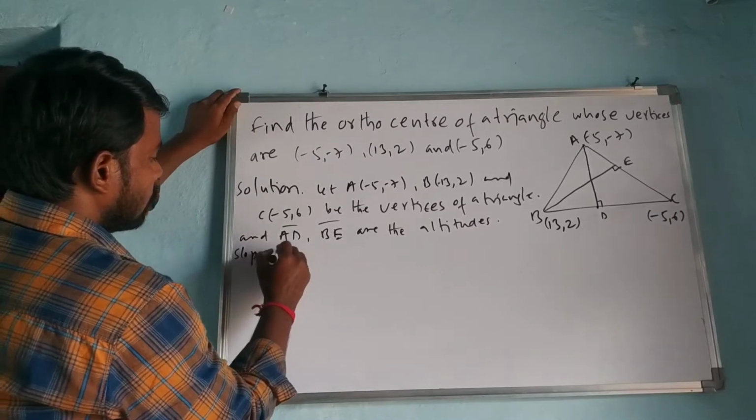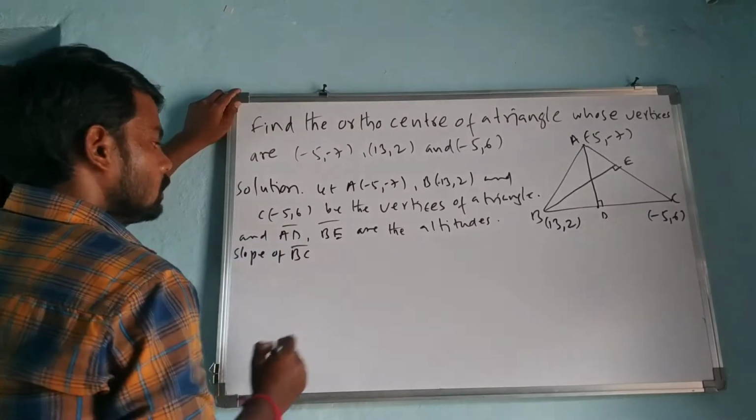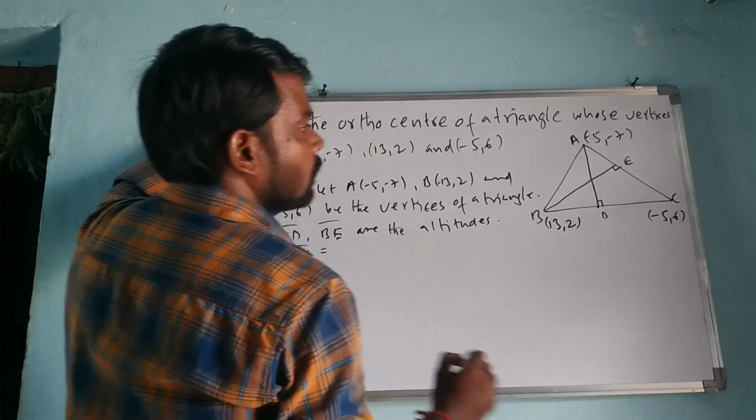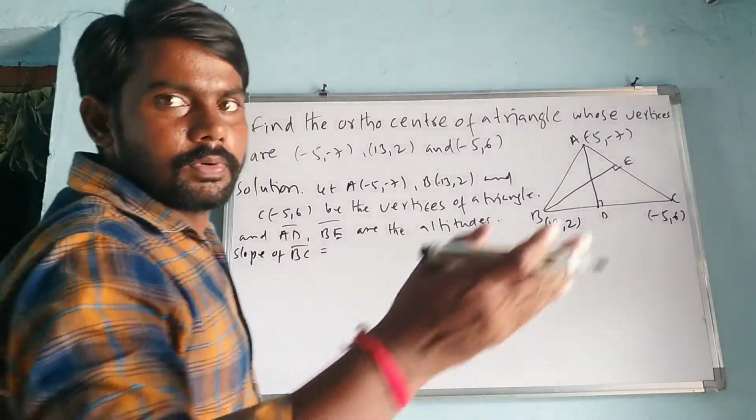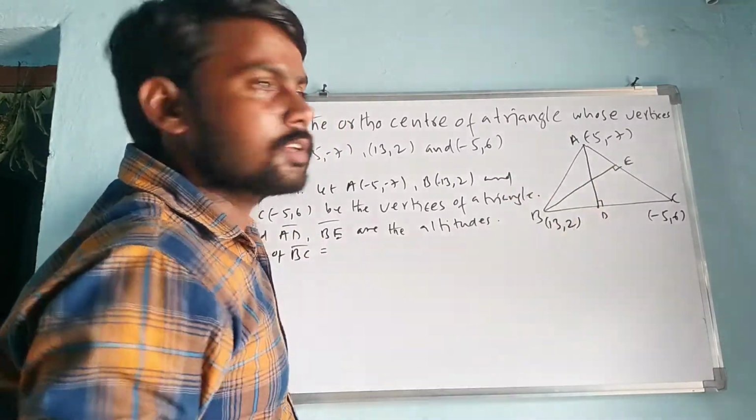Slope of BC is nothing but the formula (y2 minus y1) by (x2 minus x1).